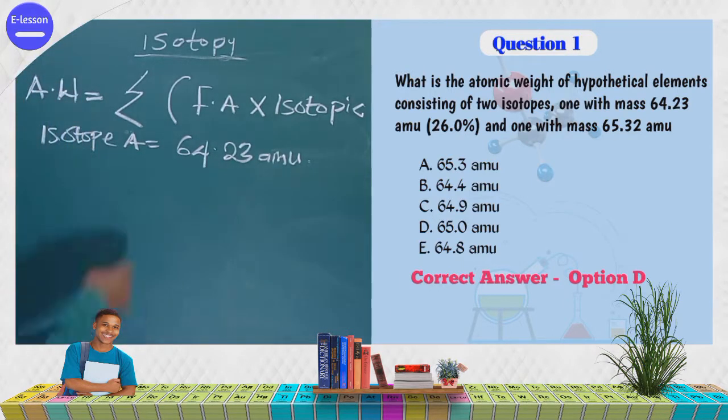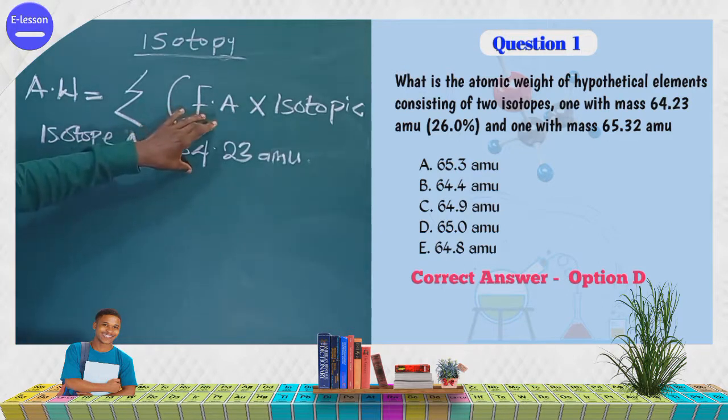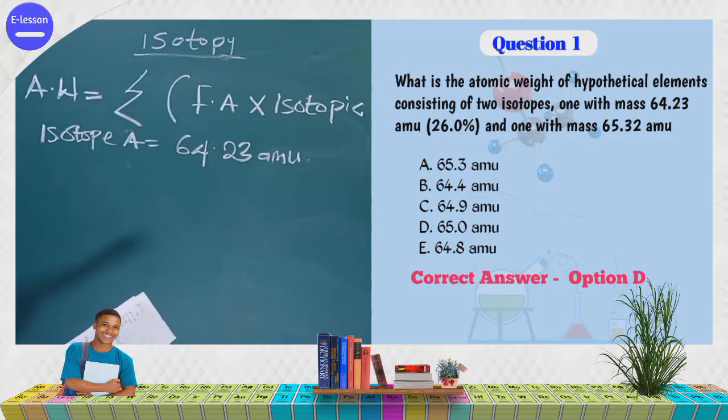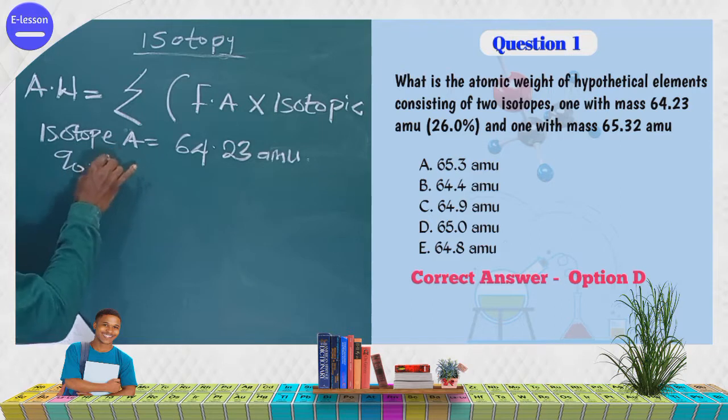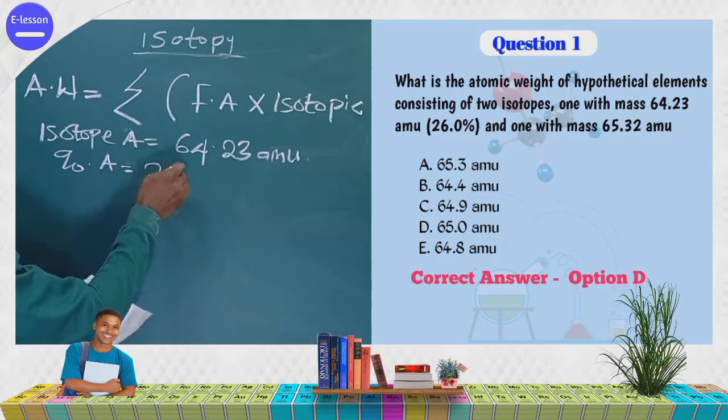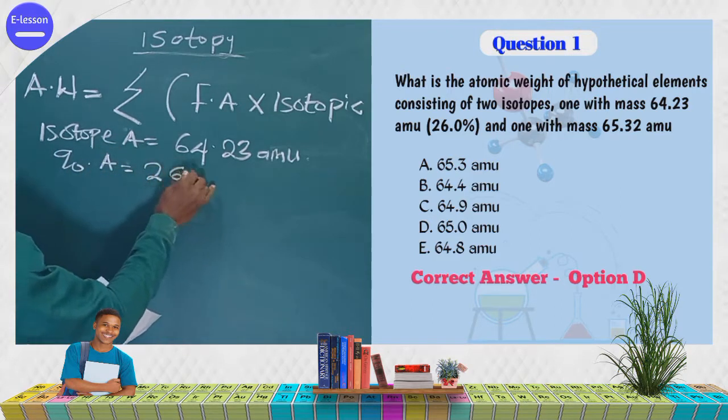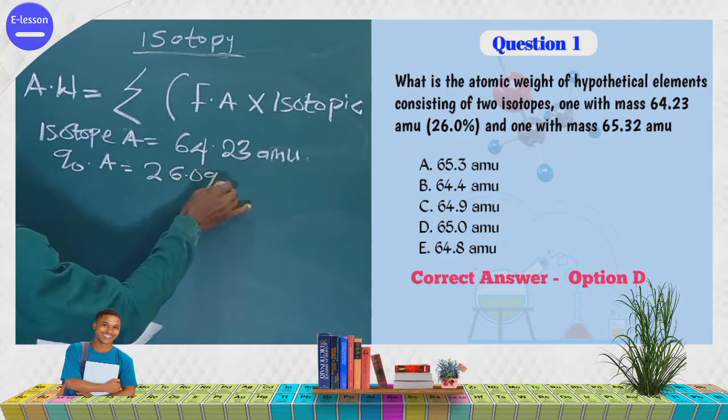Now, isotope A has isotopic mass of 64.23, and its percentage abundance is 26.0%.